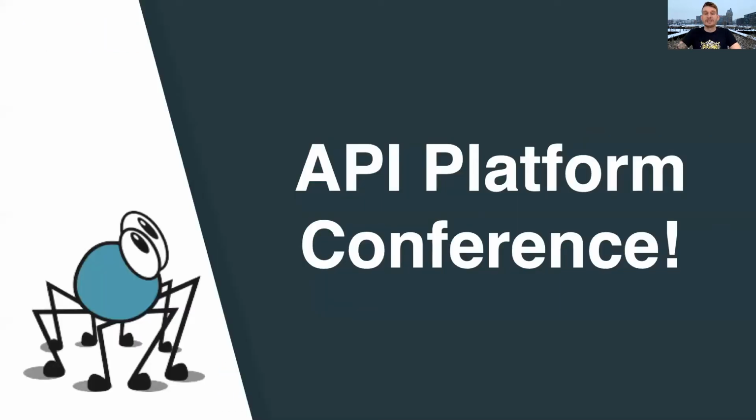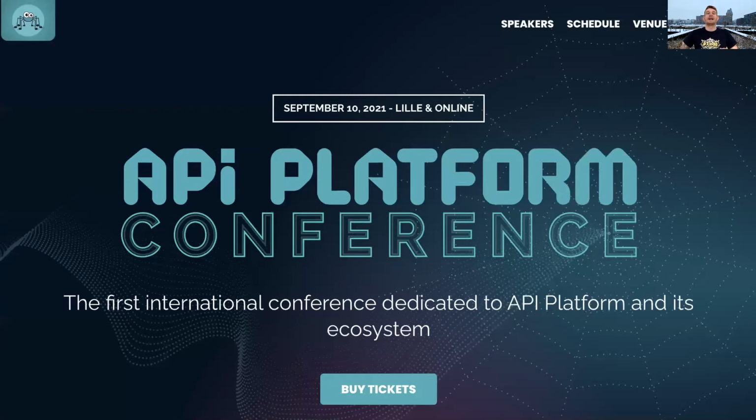One more thing, I'm very happy to announce the first physical API Platform conference. This conference will be in Lille in September. It will be a physical event, so we will see how it will work with the COVID situation, but we are very confident that we will be able to make this event.